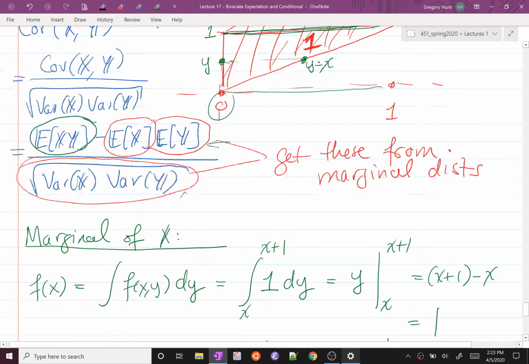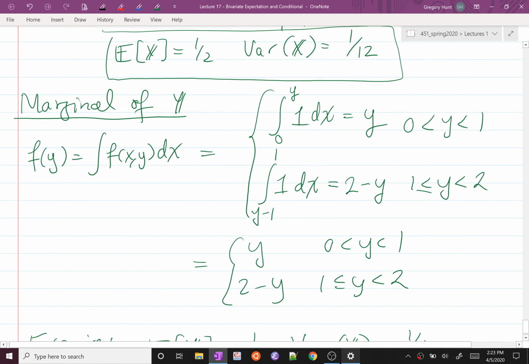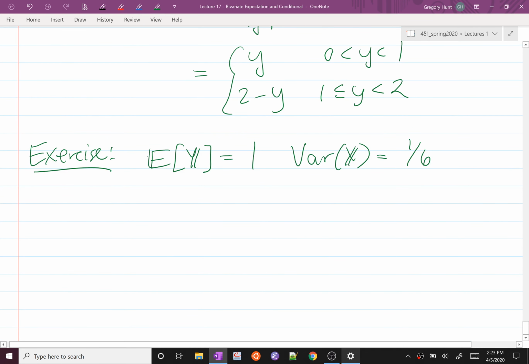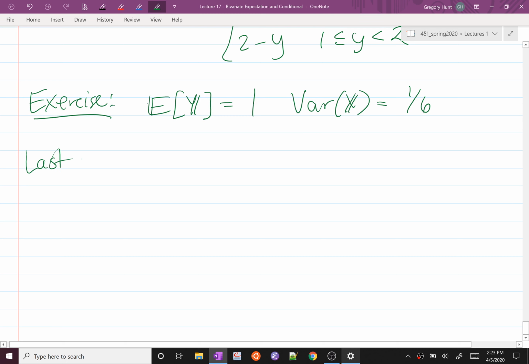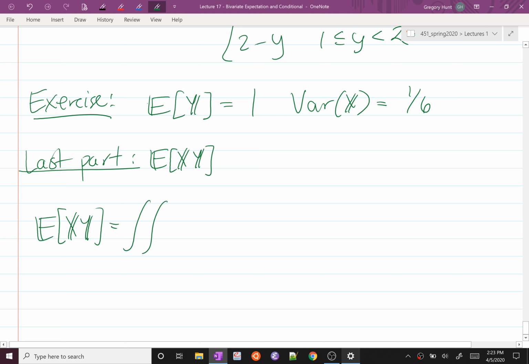No tricks here. So the last thing we need, let's do it back here, the last part we want is the expected value of x times y. And if you go back to the very top of our lecture, how do we calculate this? x times y times the joint. And we integrate whatever order we want.